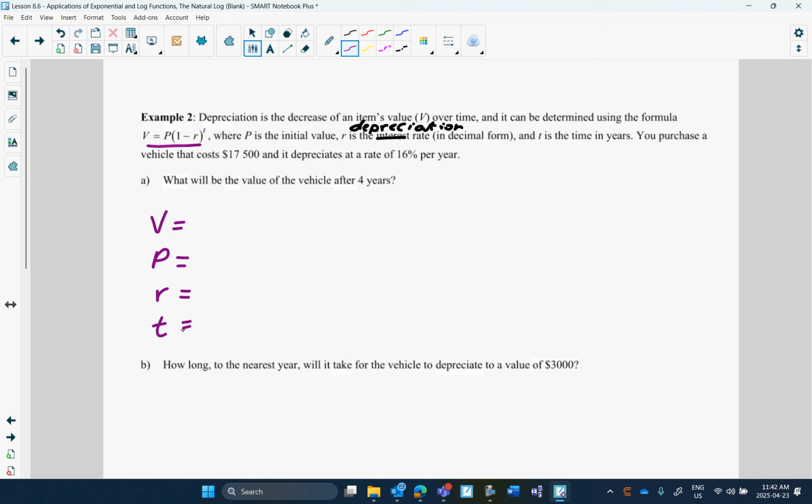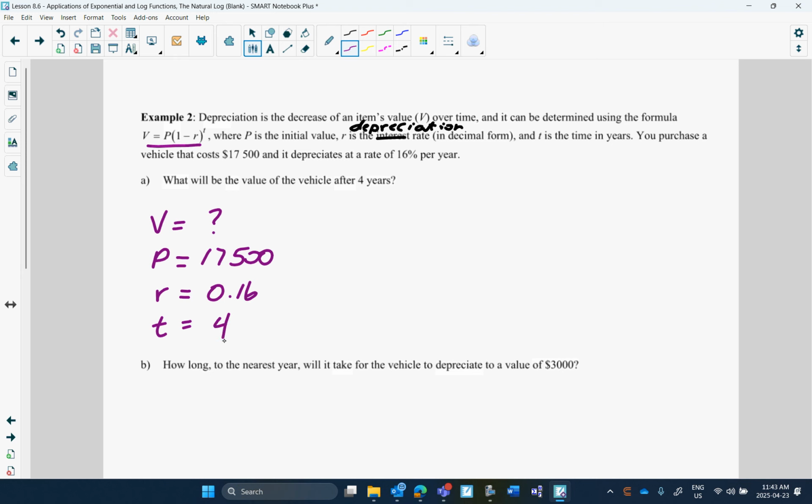V. Which means you must be able to tell me the other ones. So here we're doing a vehicle. What's P? 17.5. What's R? 0.16, 16% as a decimal. And what's T? 4.